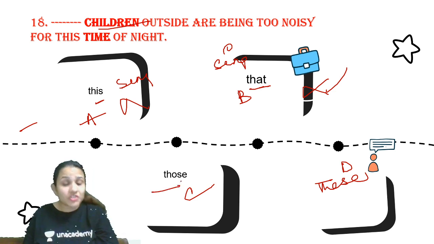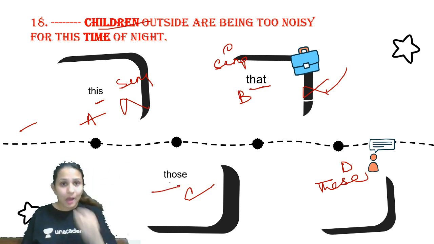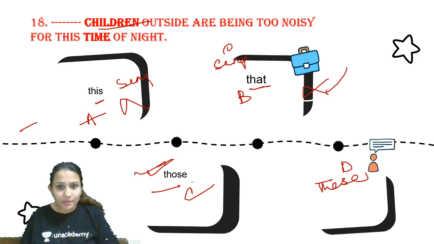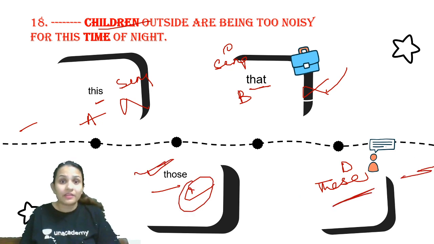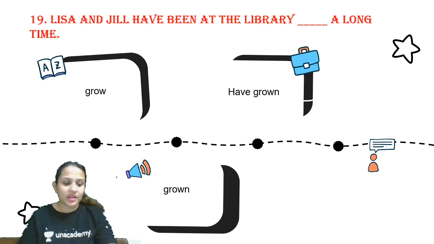So "those children outside," because they are talking about outside. So "those" would be correct because "these" means something which is near, something which is in vicinity, but we're talking about outside. So those children outside are being too noisy for this time of the night. Make sense?